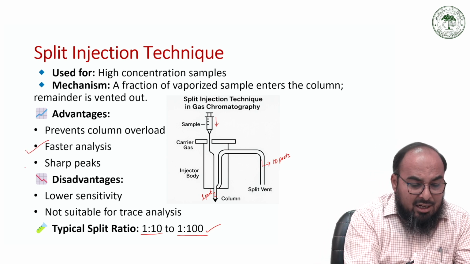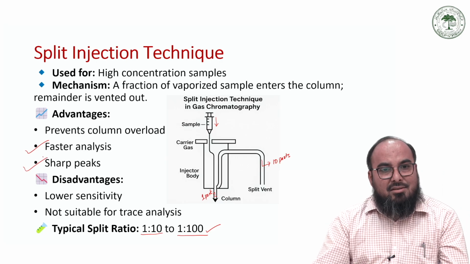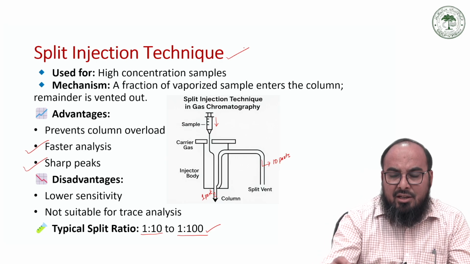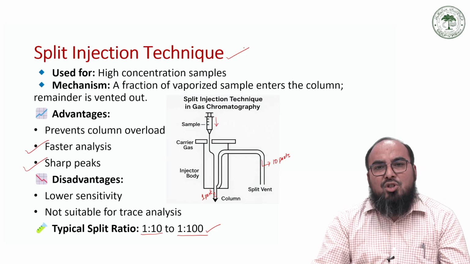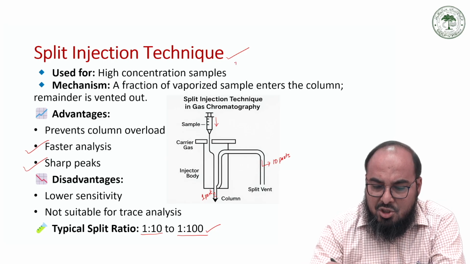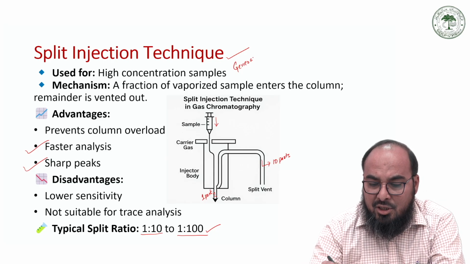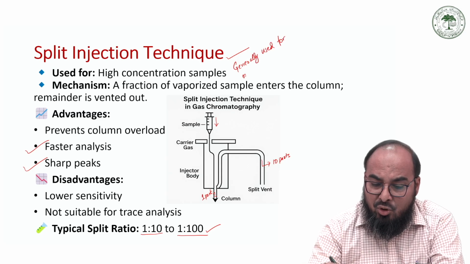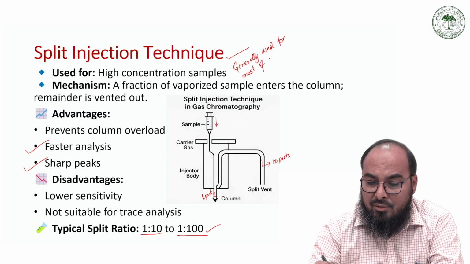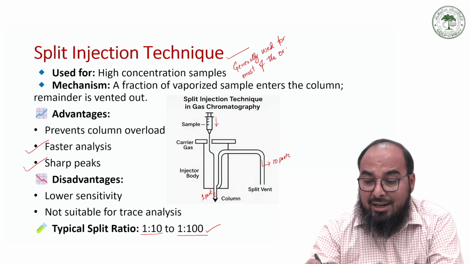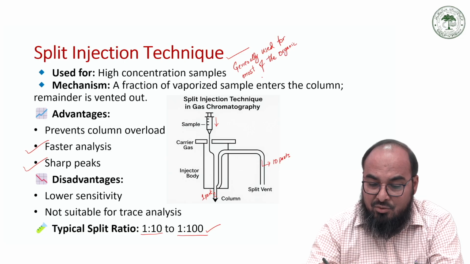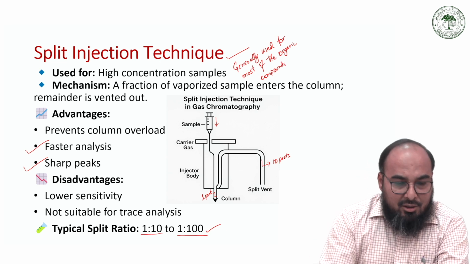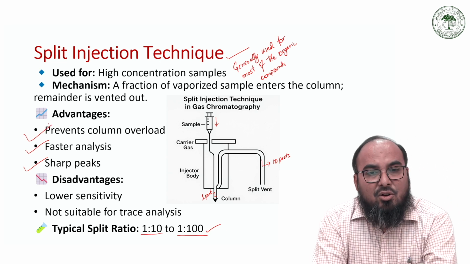And you get ideal sharp peaks, the Gaussian peaks. This split injection technique is generally used for most organic compounds. So it prevents column overload.